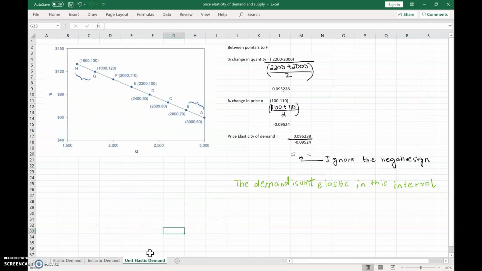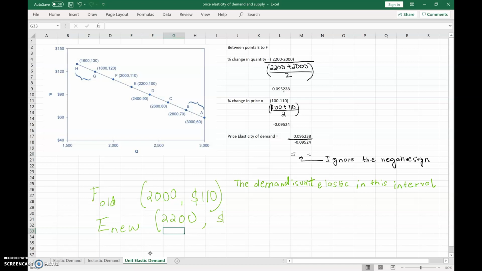Now I'm going to look at unit elastic demand in this example. So the point F is my old point where quantity is 2000, price is 110. Point E is the new point where the quantity demanded increased from 2000 to 2200.